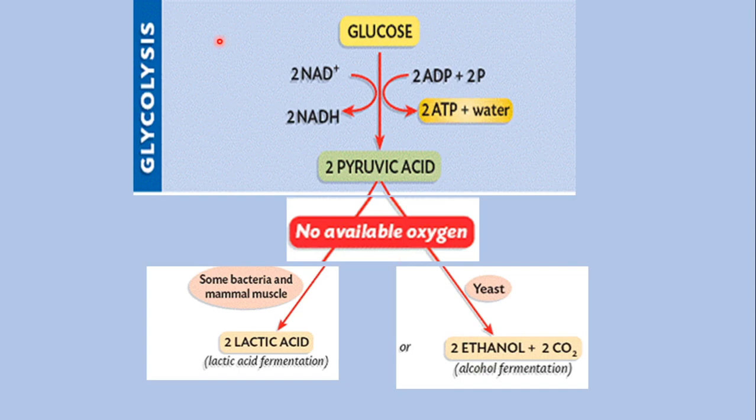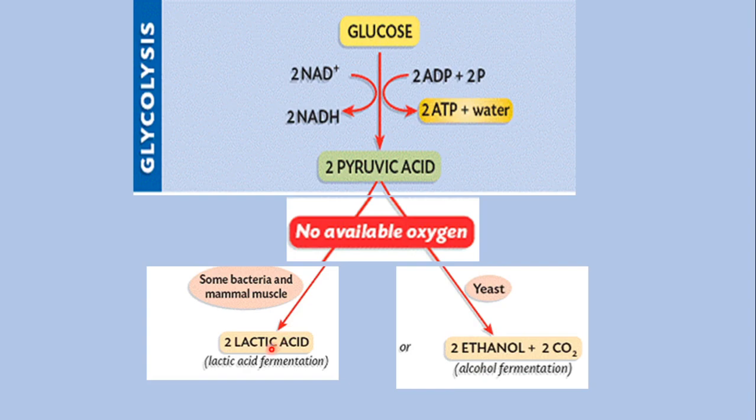Now, this is glycolysis, glucose converted to pyruvic acid molecules, and here there is a yield of 2 NADH and 2 ATP. Also water is yielded. Now, assuming that no oxygen is available in that particular cell, what will happen?